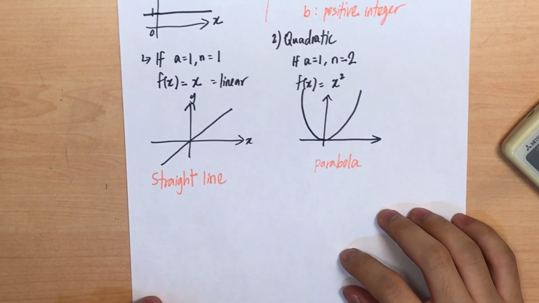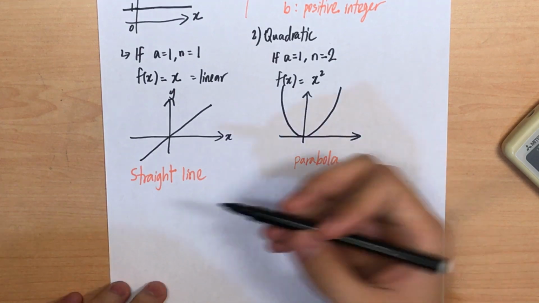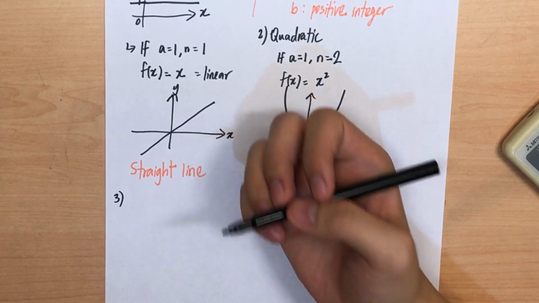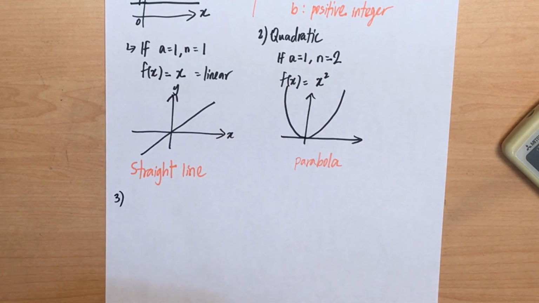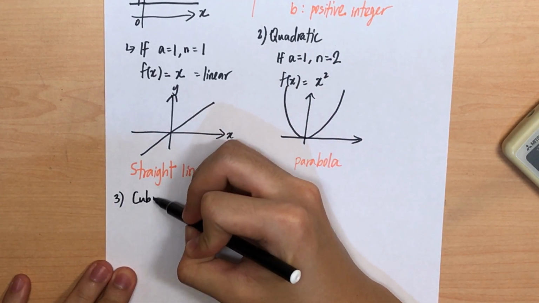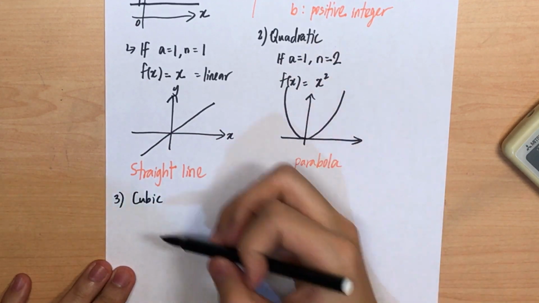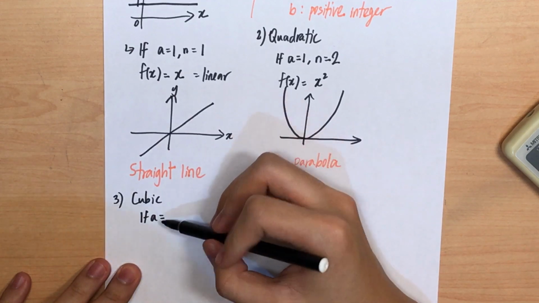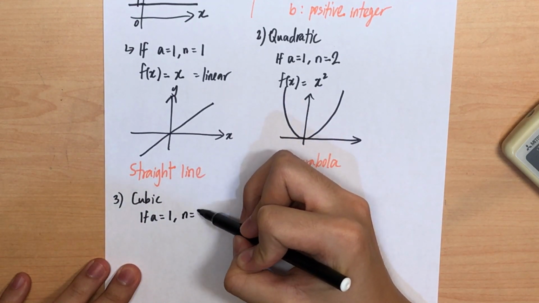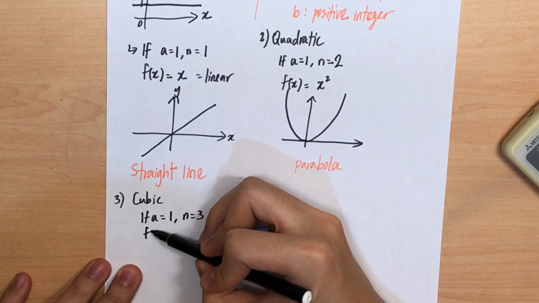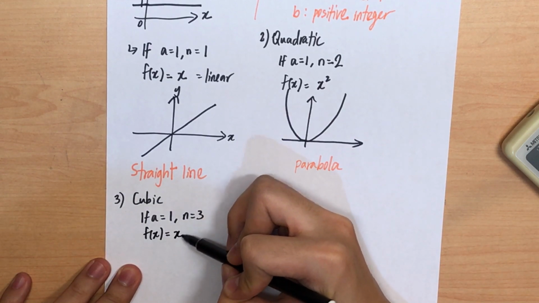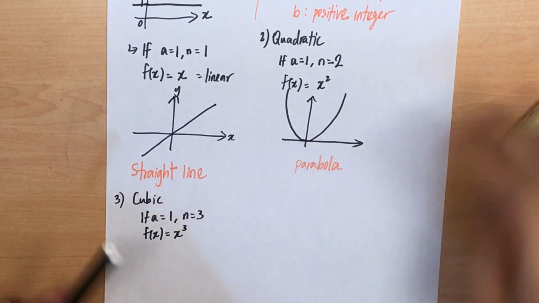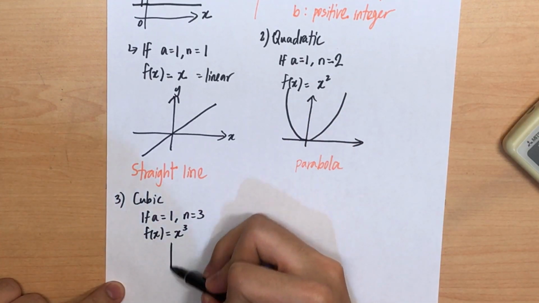The third type of graph is called the cubic graph. When a is 1 and n is 3, you have a function where f(x) equals x cubed. So this graph looks like this.